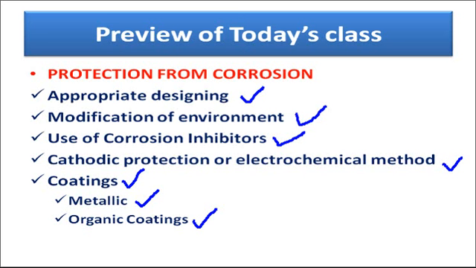But what we want in corrosion control methods is that the rate of formation of these products is minimized. So corrosion protection means to minimize the rate of corrosion reaction up to the minimal level.